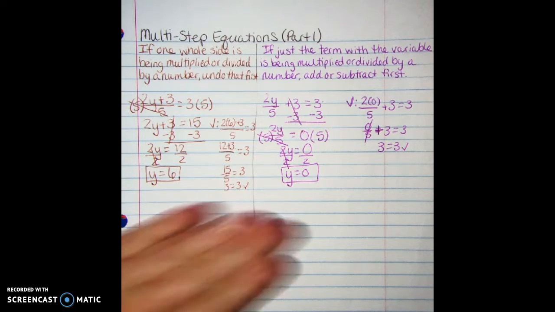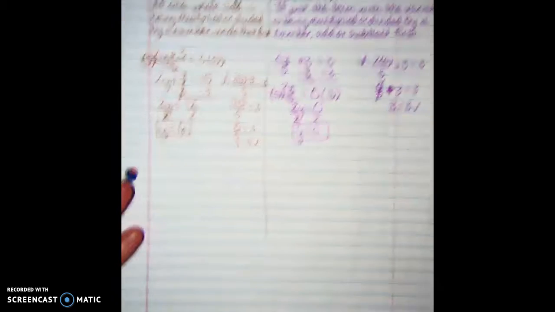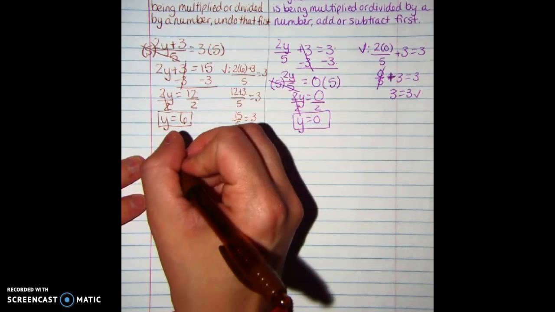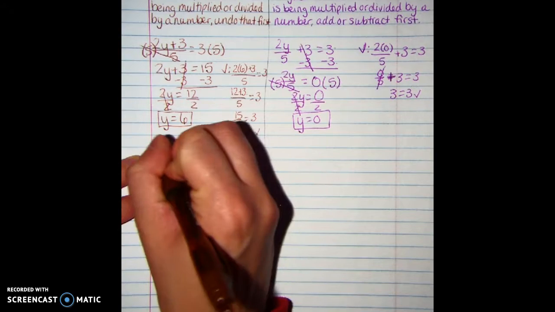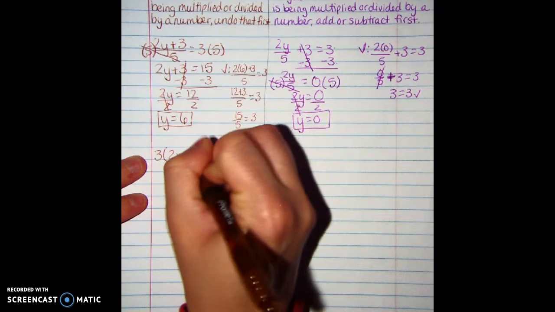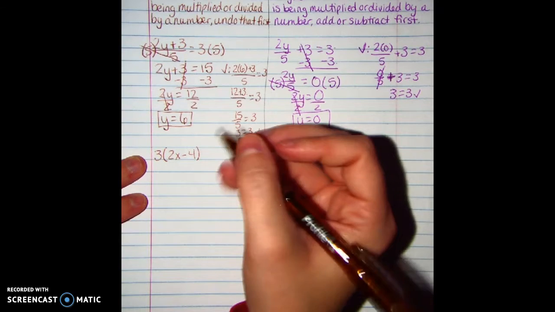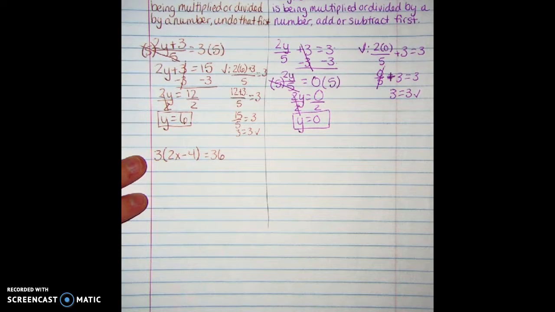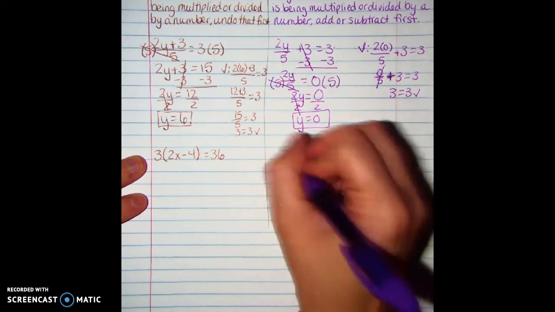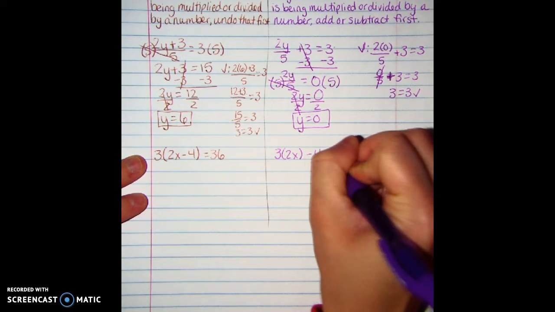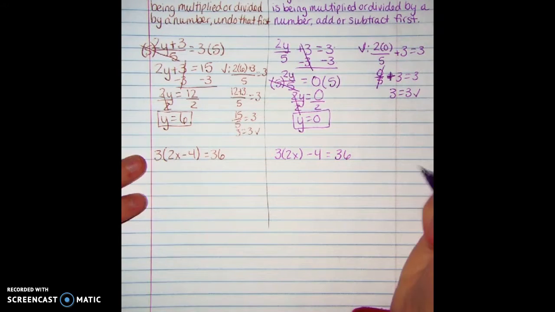Okay, let's look at 2 more down here. These are going to be multiplying ones. So this one is going to be 3 times 2x minus 4, and that equals 36. And over on the other side, it'll be 3 times 2x minus 4 equals 36.